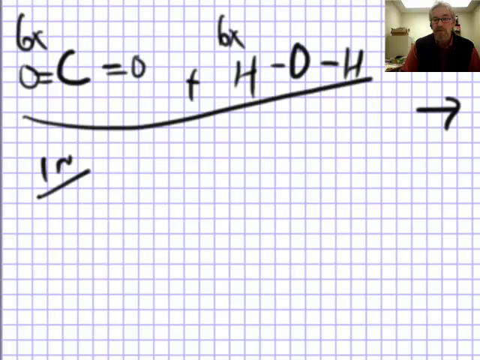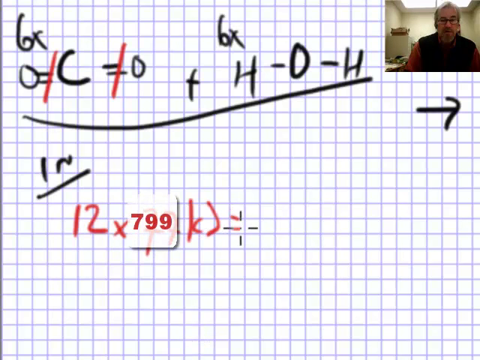The bonds we have to break are 2 double bond COs, 6 times. So in all, 12 times the double bond energy of a CO bond. And in carbon dioxide, remember, that's 799. So 799 kilojoules times 12, that works out to 9,588 kilojoules.